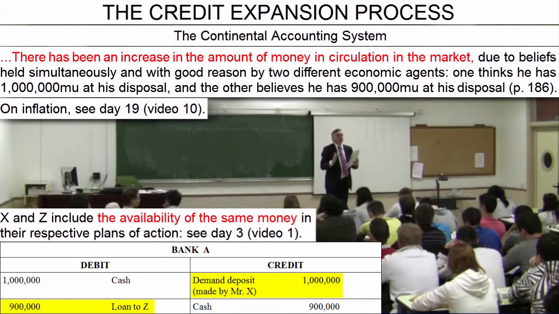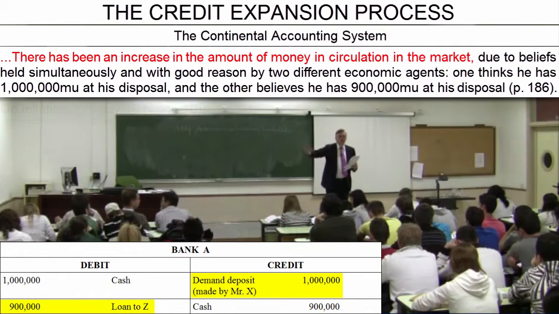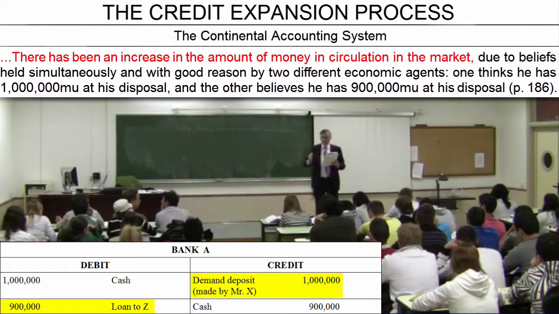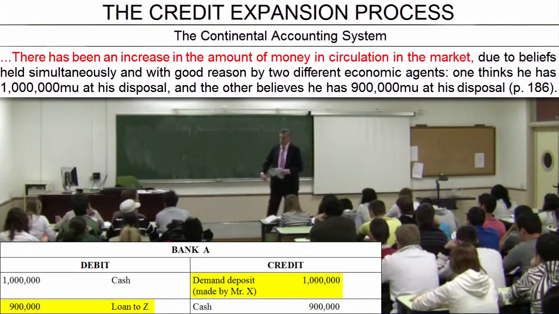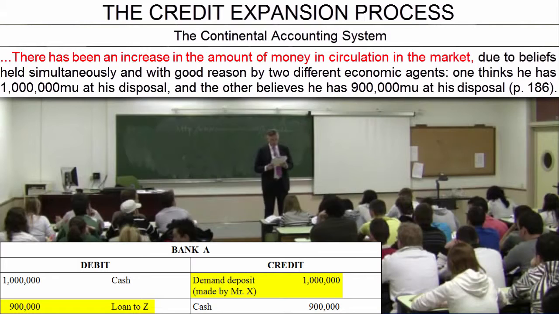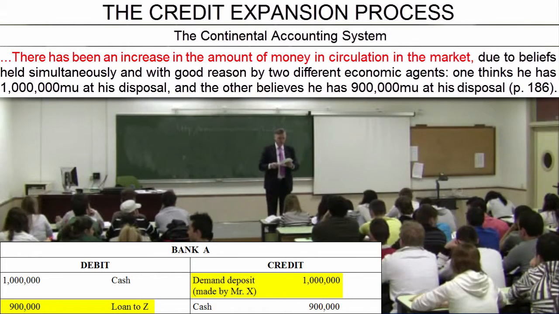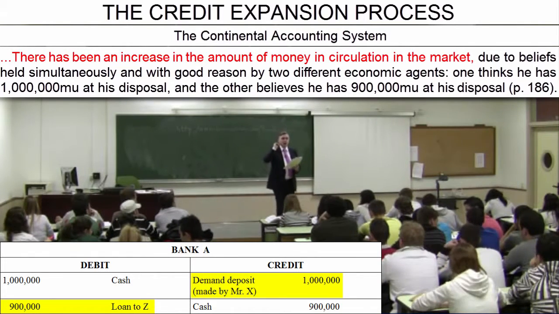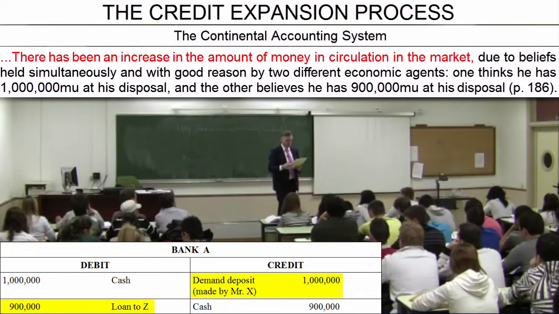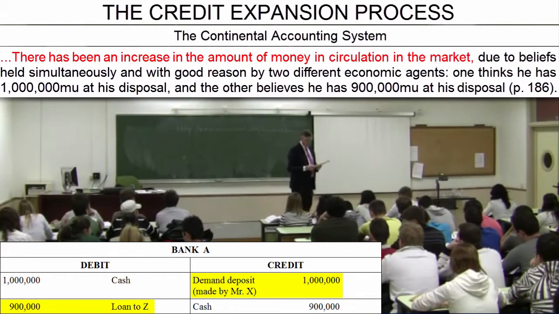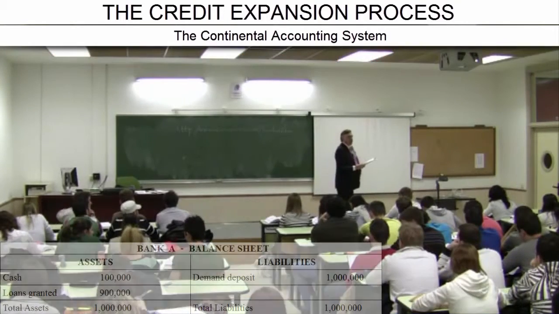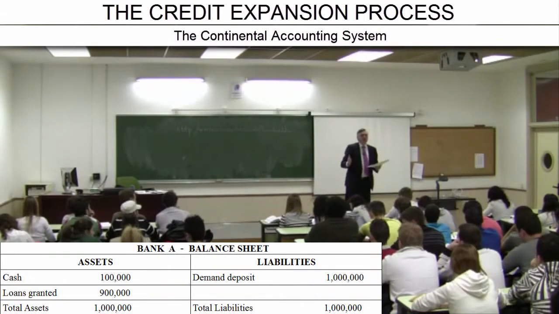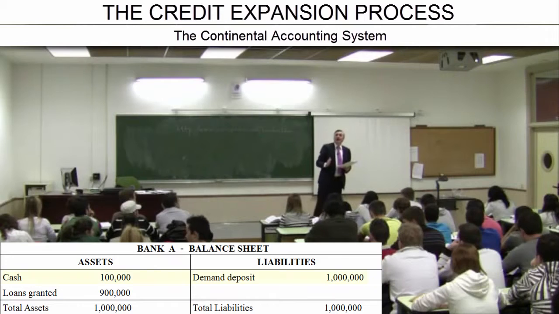Mr. X believes he has, and in fact he does have, 1,000,000 euros in his cash balances in the form of a deposit, and the directors of Company Z, the other economic agent, believe 90% of that money is in their physical possession, because it has been handed over to them as a loan. Notice how the phenomenon of dual availability and an increase in the money supply occurs.